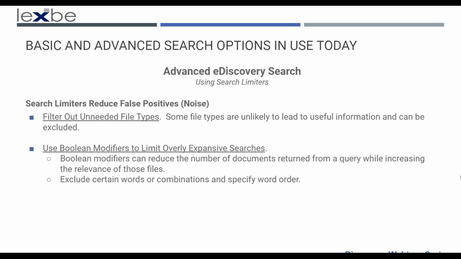More importantly, the Boolean modifiers will limit overly expansive searches. So the syntax that we'll talk about a little bit later in building your Boolean modifiers is going to be your best bet for getting into very particular documents.